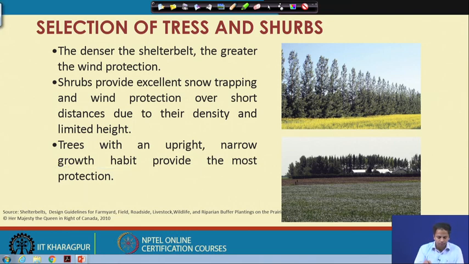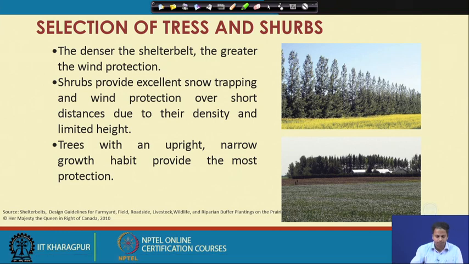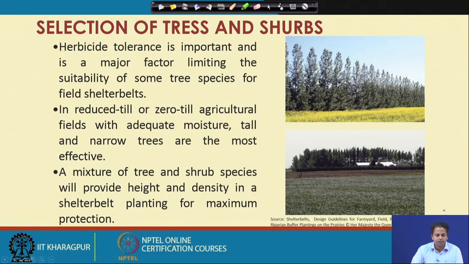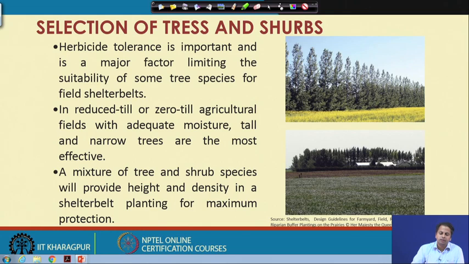Okay. Similarly, while selecting the trees, the species should be herbicide tolerant. So, herbicide tolerance is important and is a major factor limiting the suitability of some of the tree species for field shelter purposes. Okay.